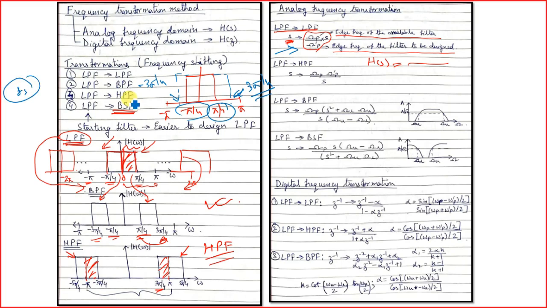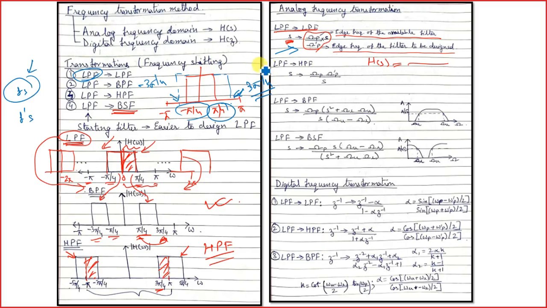You already have a low pass filter designed to work at a sampling frequency f dash s, but now you have to work on fs. So what will you do? Because everything will change.